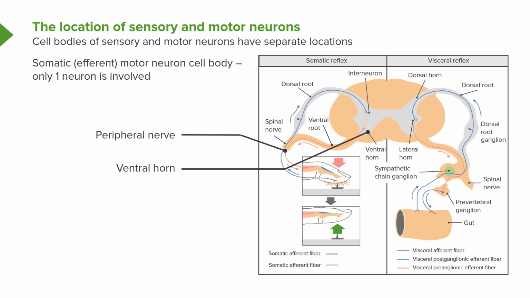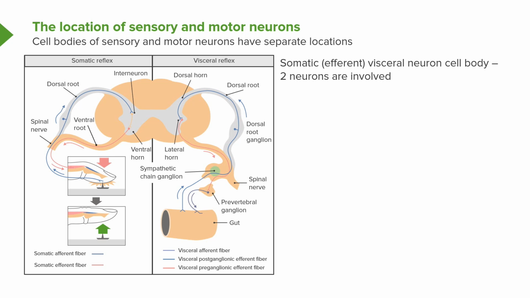And that neuron has an axon that passes out of the ventral root, travels down the peripheral nerve and innervates the muscle. In this case, it's innervating a finger muscle in response to a finger prick. So that really summarises the location of a somatic motor neuron, an efferent neuron, exiting the spinal cord. And notice there's only one neuron involved.